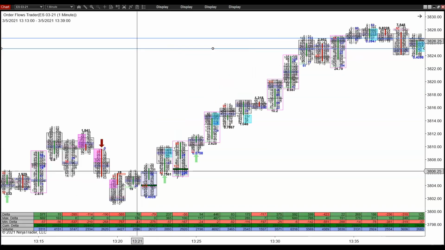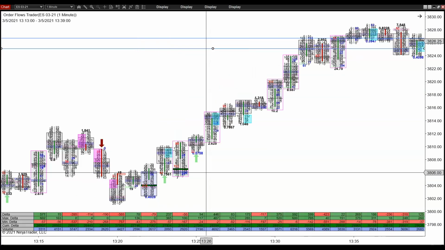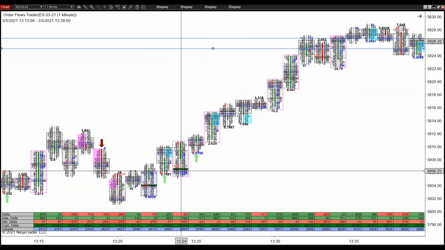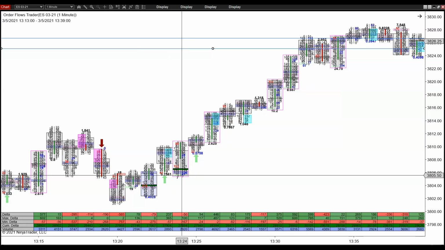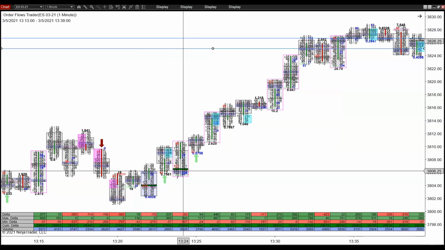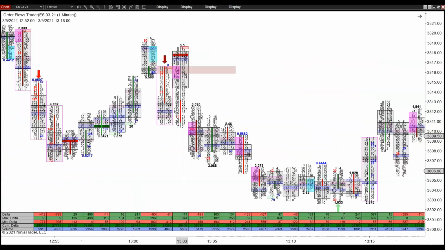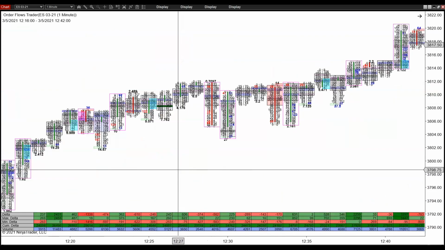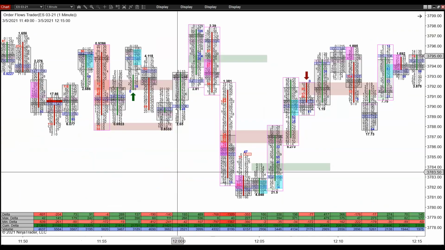But just really quick, on green candles, when you're seeing the 3 points of control all around the same level at the bottom of the bar, that's bullish, like you see here. And in a red candle, if all 3 points of control are appearing somewhere near the top of the bar, that's bearish. Let me see if I can find one here for you.